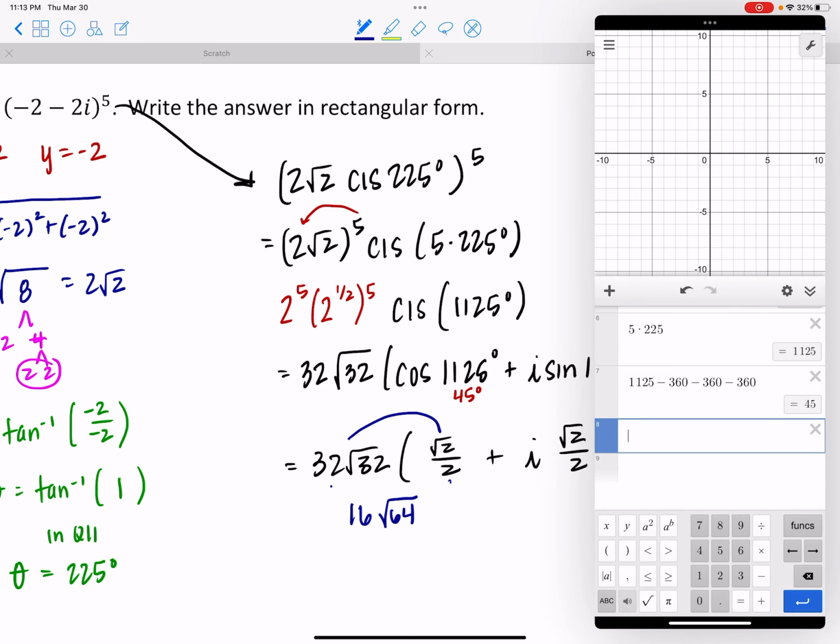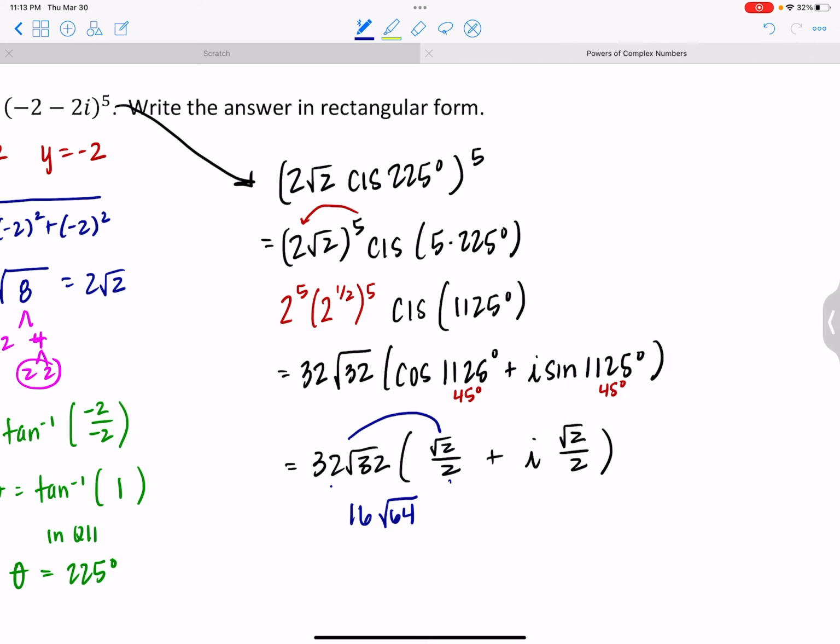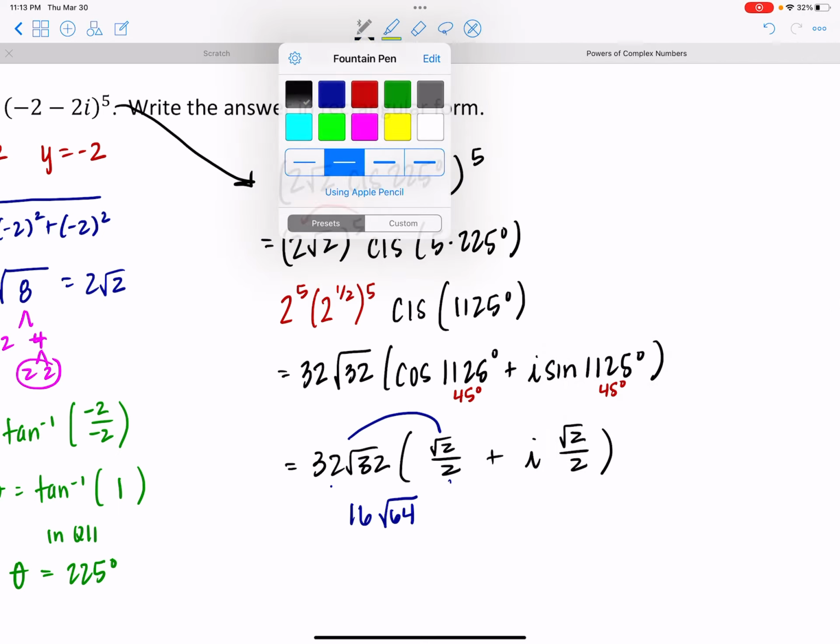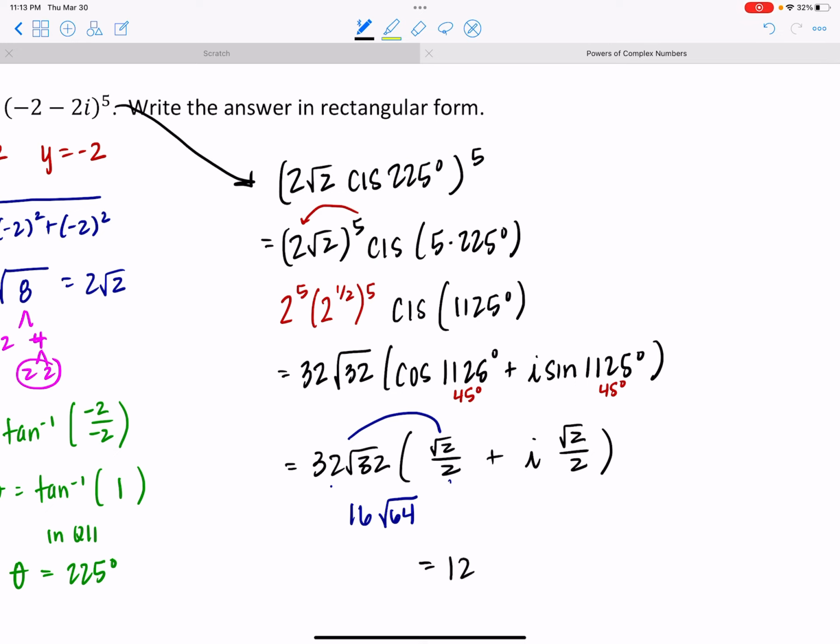And 16 times 8 is 128. So I end up with 128. My goodness. Plus, this product here is going to be exactly the same thing, just with the imaginary. So that's going to get me 128i, and we did it.